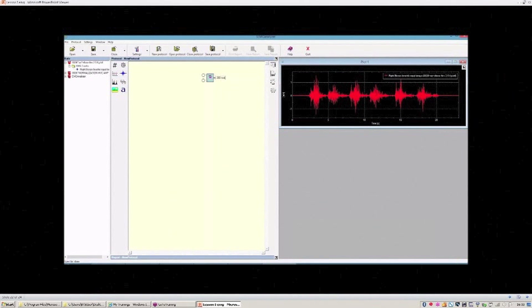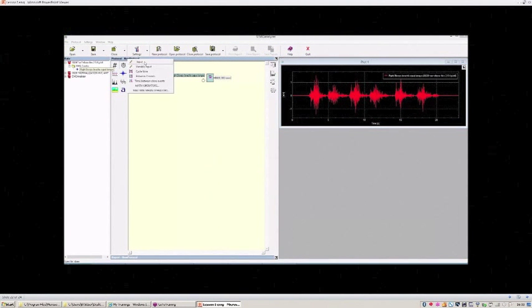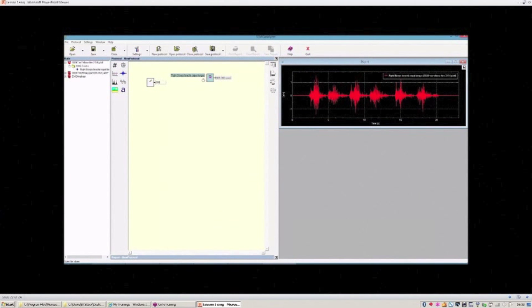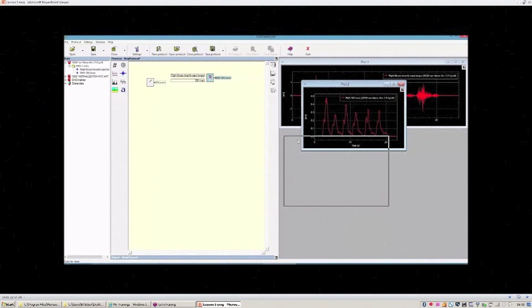Also in this case I'm going to choose a time window of 300 milliseconds, so we have to define again the time window, and I'm going to set it to 0.3 seconds. Okay, and that is the result.